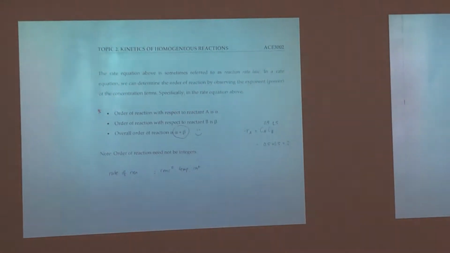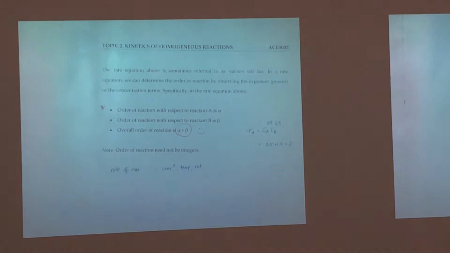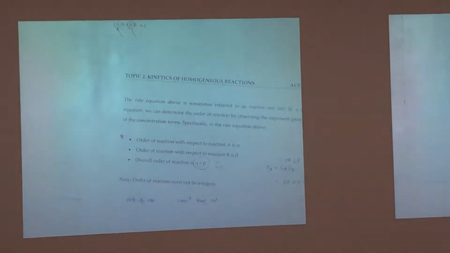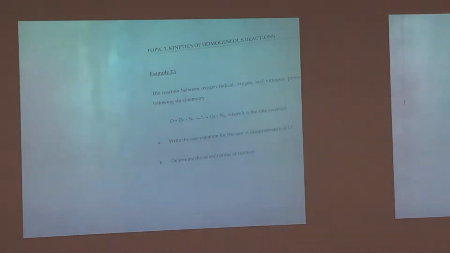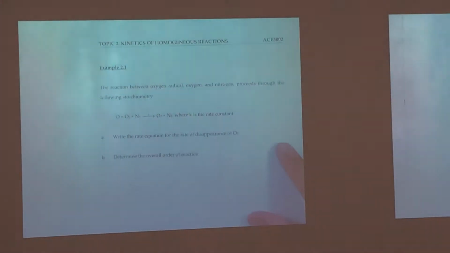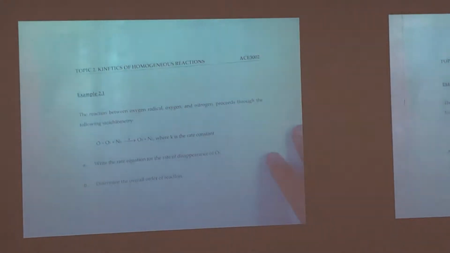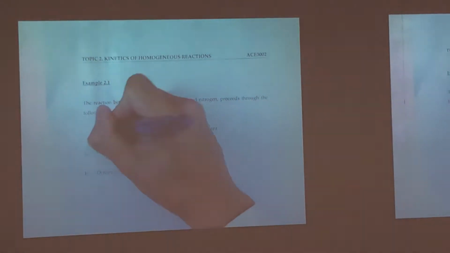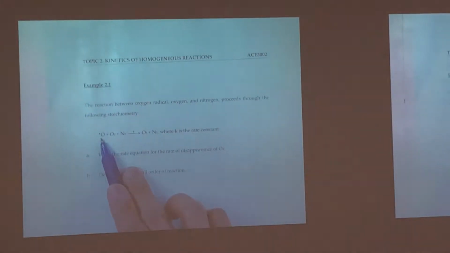Okay, let's look at example 2.1. In this example 2.1, there are 3 starting materials, right? In this starting material, you can see there is one oxygen radical. There is no radical there, I put radical.